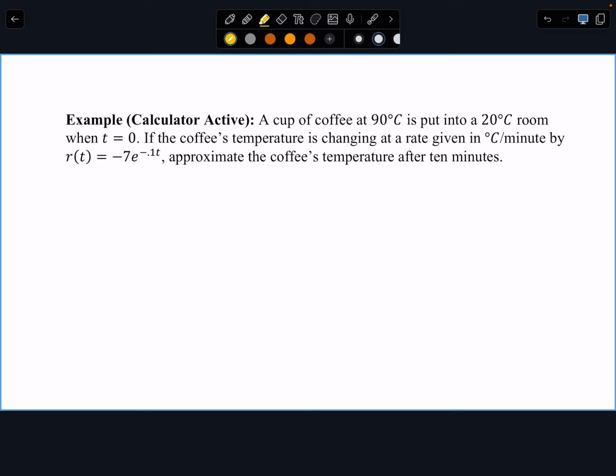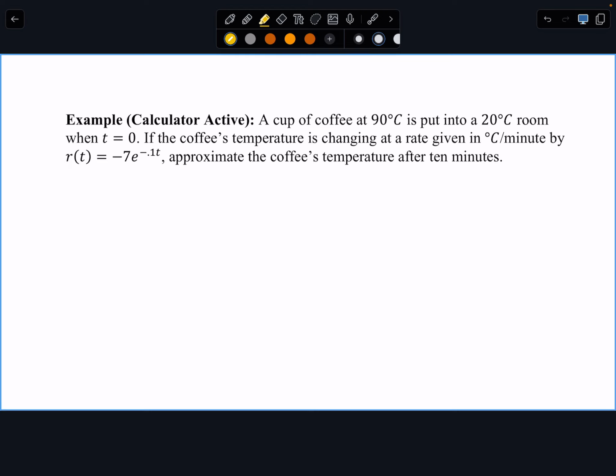If the coffee's temperature is changing at a rate given in degrees Celsius per minute by R of t equals negative 7 times e to the negative 0.1 t, approximate the coffee's temperature after 10 minutes.